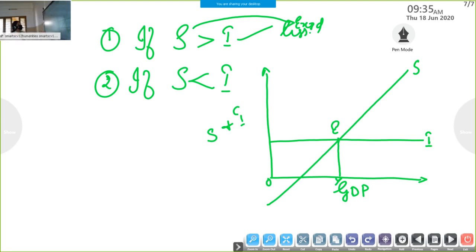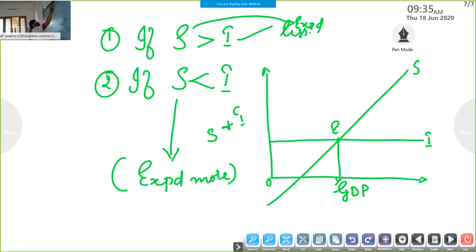Clear? What is the meaning of the other one? Saving is less means household expenditure is more. Clear? Saving is greater means households are not ready to spend more money in the economy. That is less expenditure, that is saving is more. More expenditure shows saving is less. This should be there in your mind.